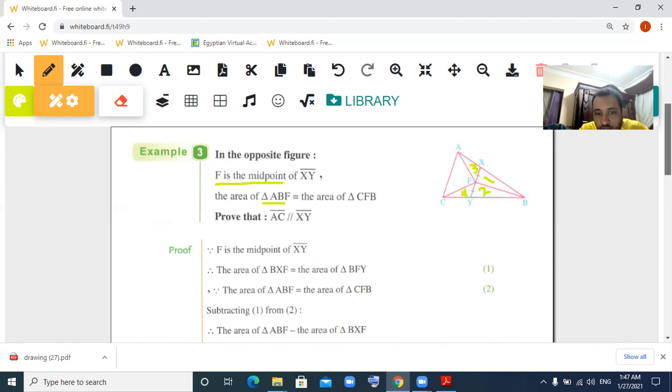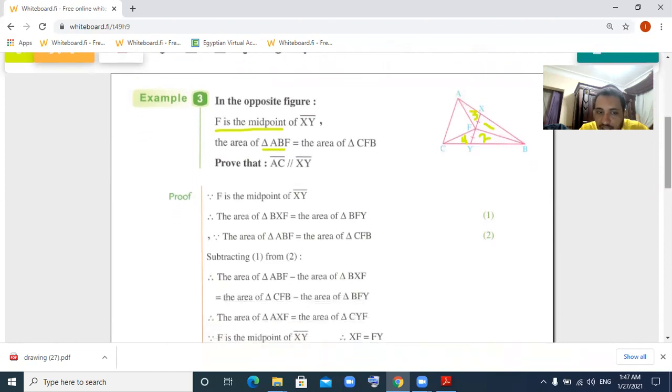Again, if we subtract information number 1, that 1 and 2 are equal in area, from information number 2, that 1 and 3 together equals 2 and 4 together, we take away the same amount from each side.